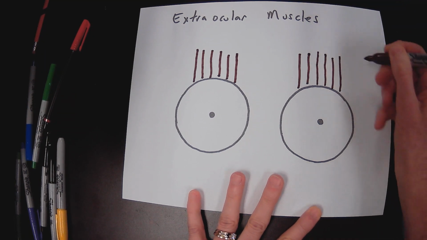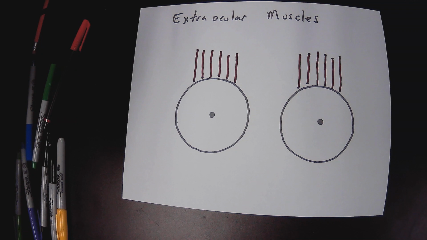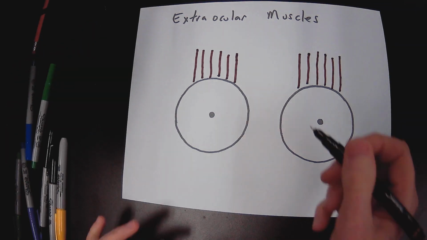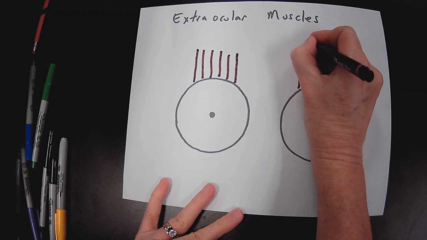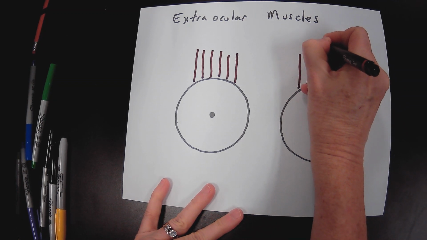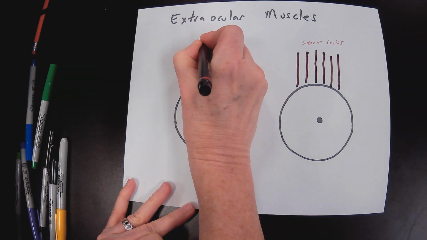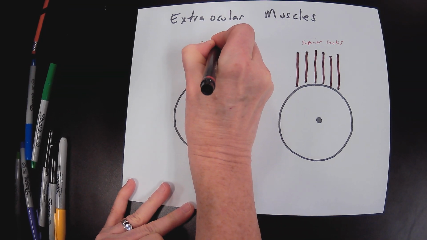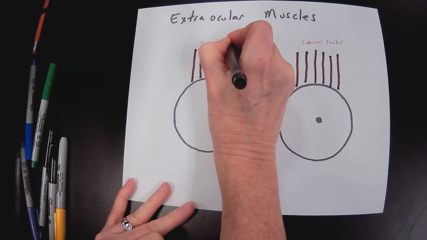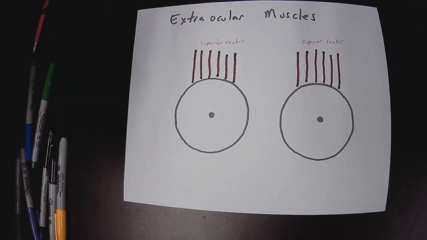Does anybody know what those muscles are called? Yeah, good. Superior rectus. Your superior rectus is responsible for allowing your eyes to look straight up. No change, just straight up.